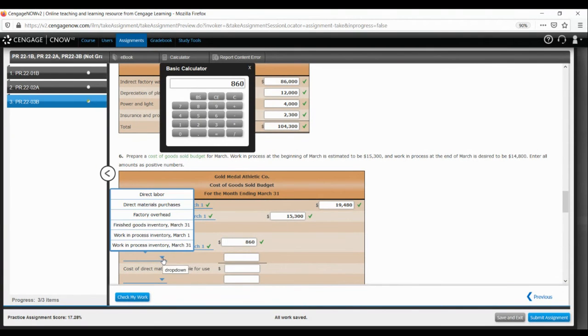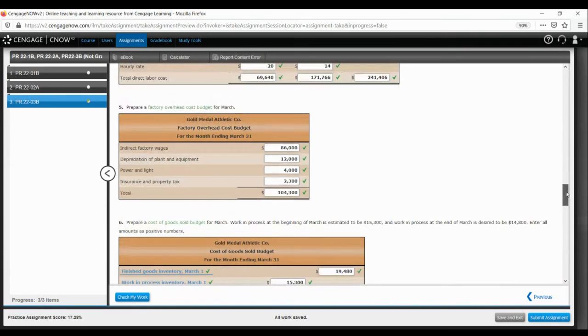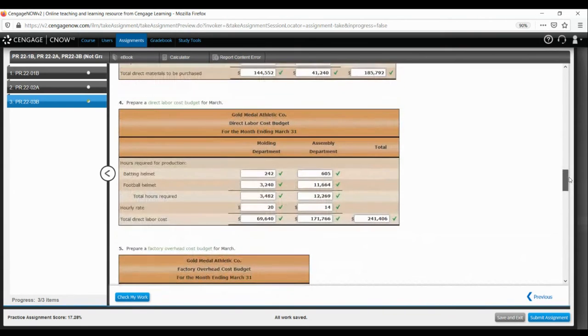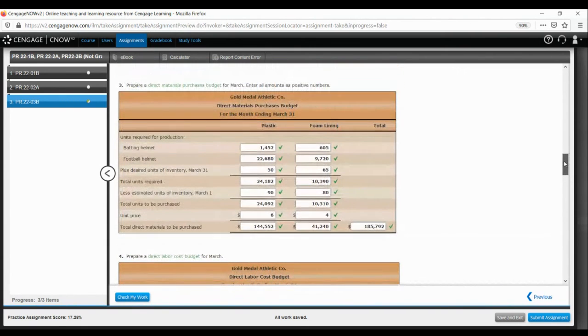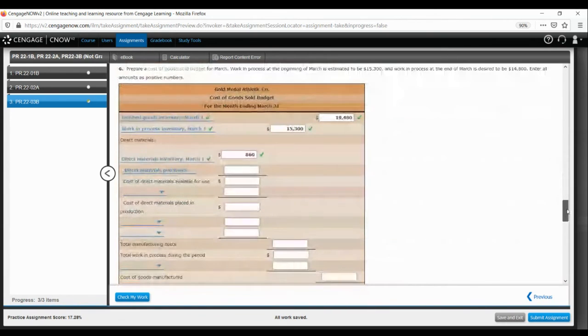To that, we're going to have to add our direct materials that we purchased. The direct materials that we purchased come straight off of the direct materials budget. That $185,792 comes from our direct materials budget.